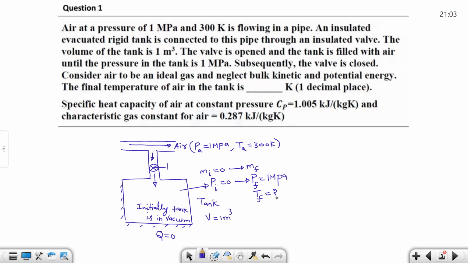Here we will apply the conservation of energy principle on the tank.